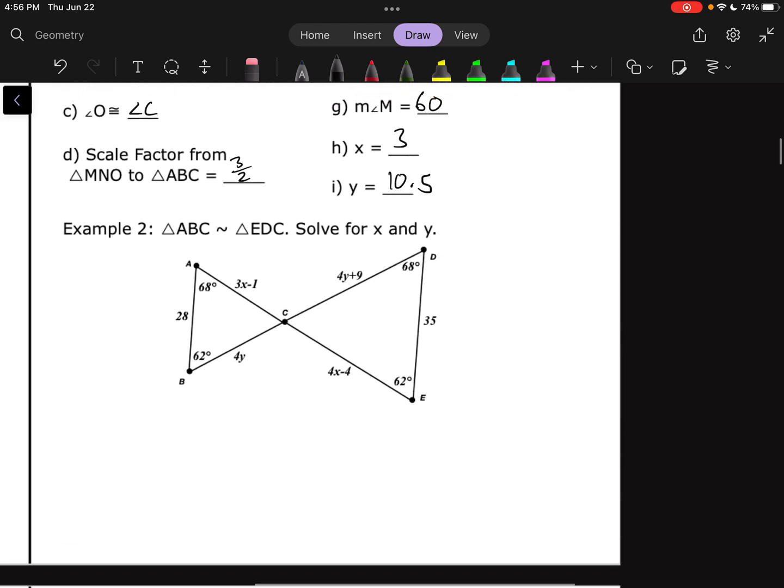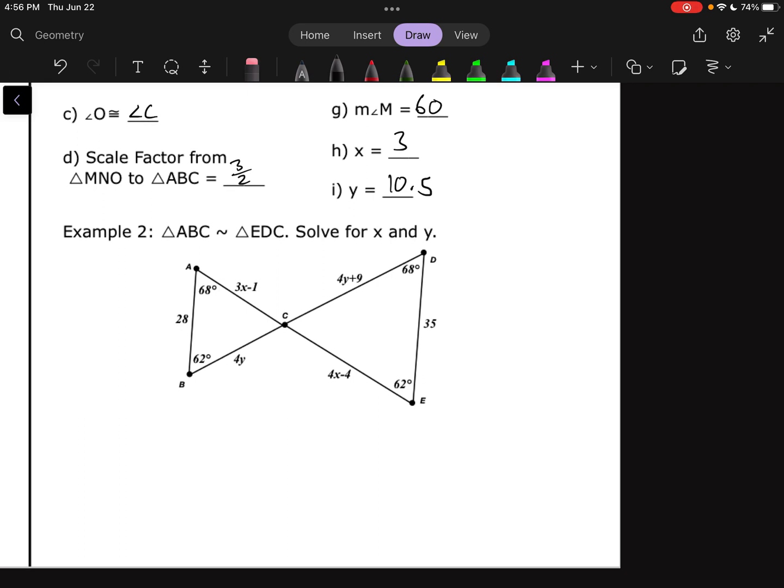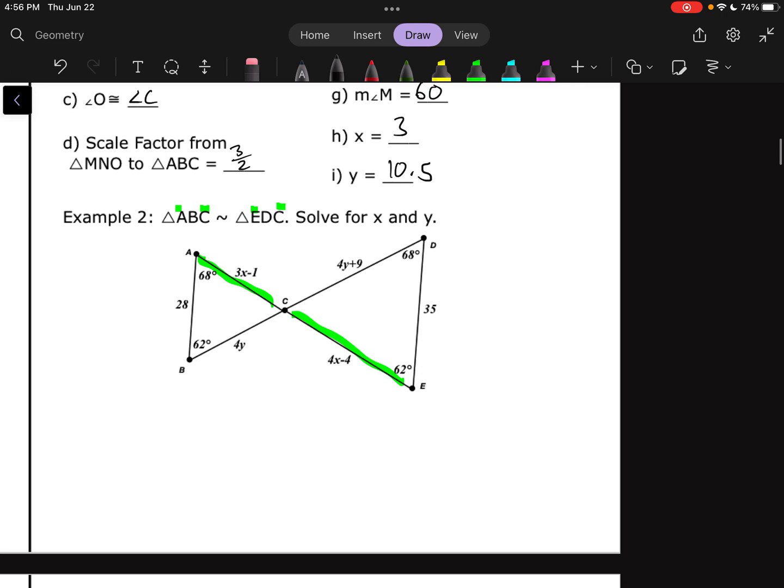This one just wants us to solve for x and y if they're similar. Okay, so we saw a picture similar to this before. The 3x minus 1 here on side AC should match with EC. So let's do 3x minus 1 is over 4x minus 4.